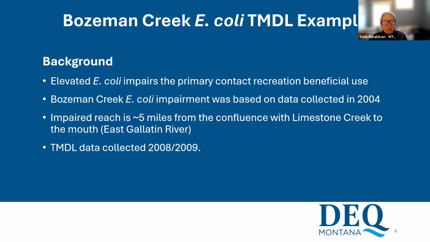And the 5-mile segment of Bozeman Creek downstream of its confluence with Limestone Creek was determined to be impaired with data collected in the summer of 2004. And then DEQ prepared for TMDL development with additional data collection in 2008 and 2009.